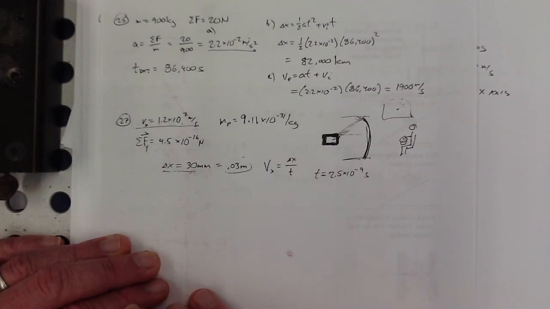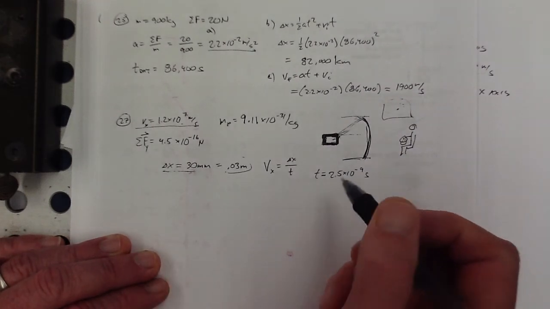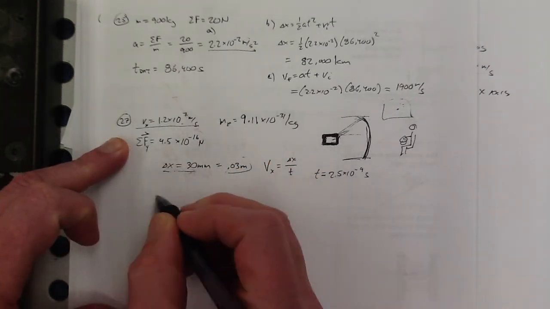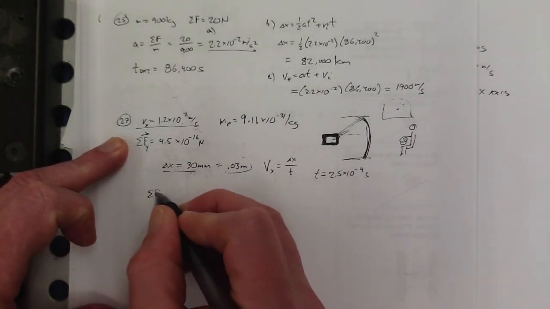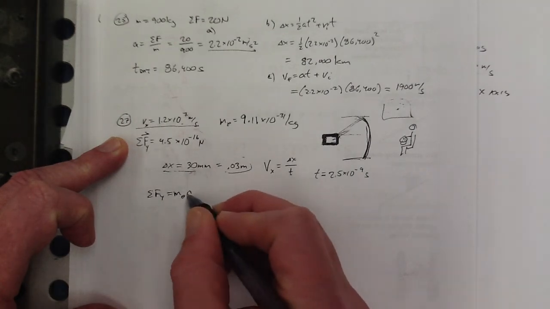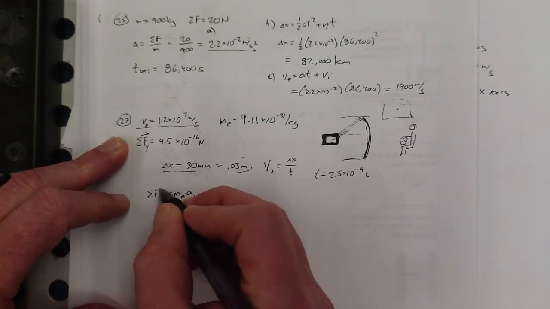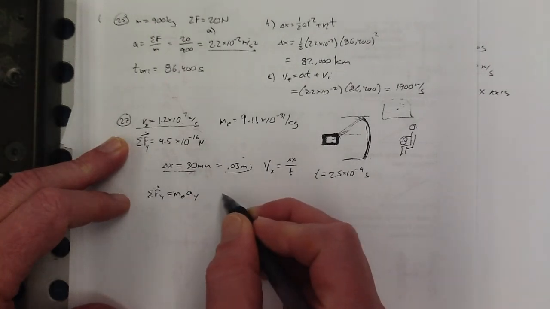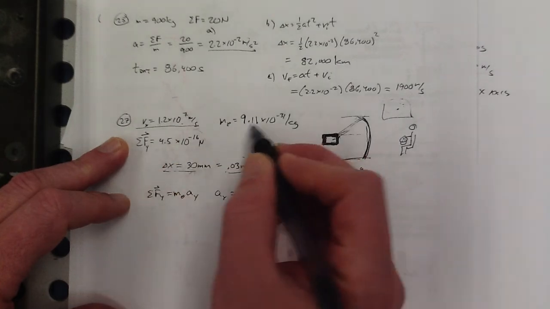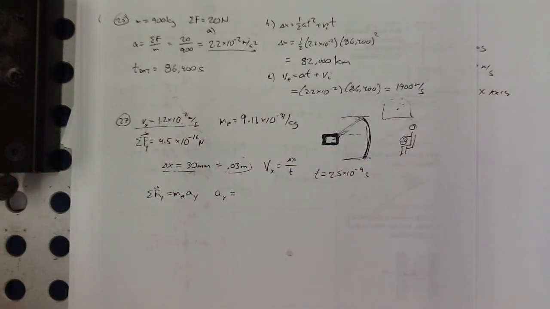All right. And so what's going to happen with the acceleration from this? Sum of all forces in the y direction is equal to the mass of that electron times its acceleration in the y direction. So its acceleration in the y direction is going to be that force divided by that mass.